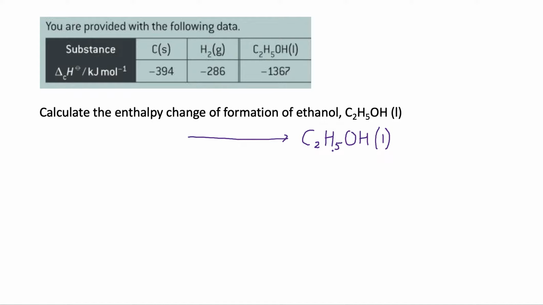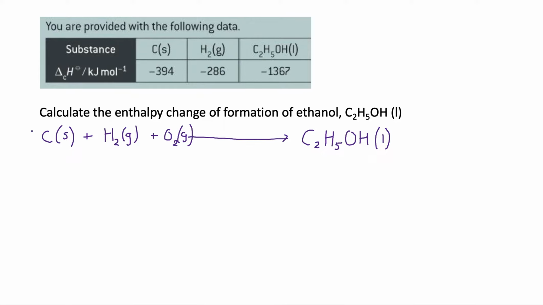So this is made up of carbon, hydrogen, and oxygen. So it's carbon in the solid state, hydrogen, which is diatomic, so it's H2 and it's a gas, and oxygen as well, which is diatomic and a gas. And now we've got to balance it, ensuring that we're only forming 1 mole of ethanol.